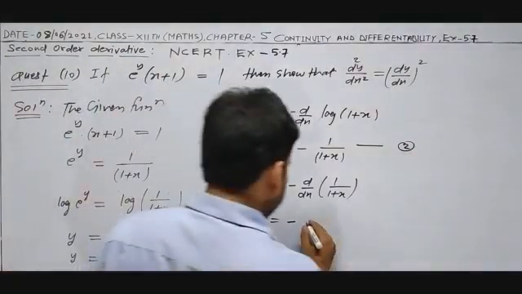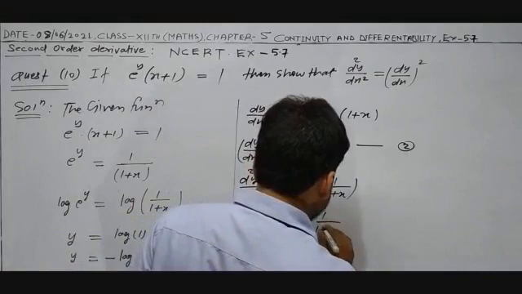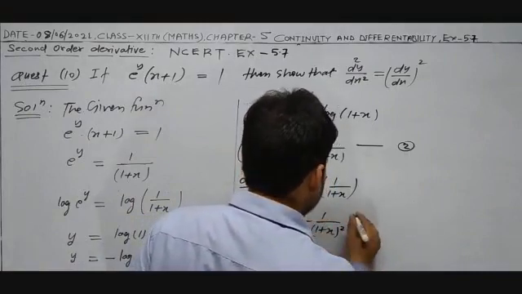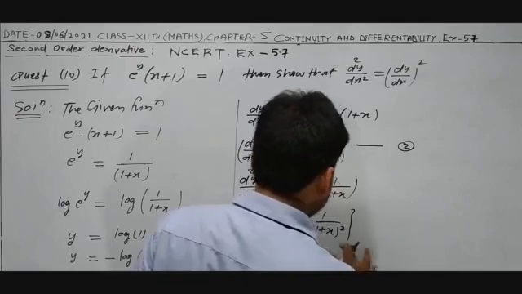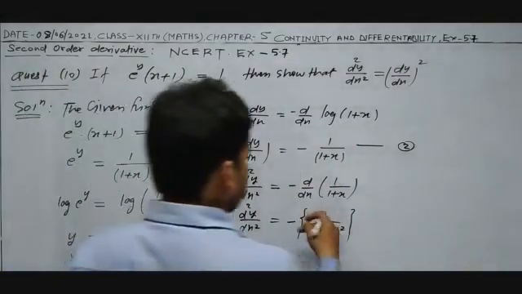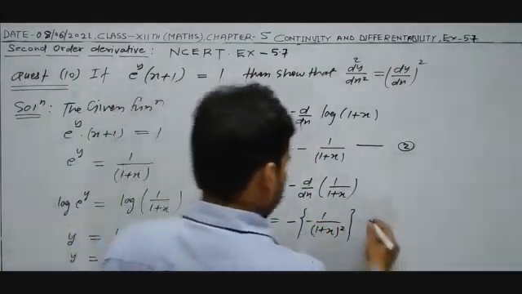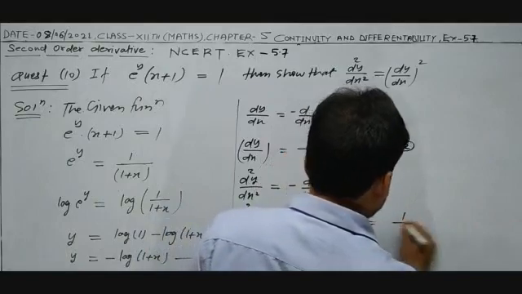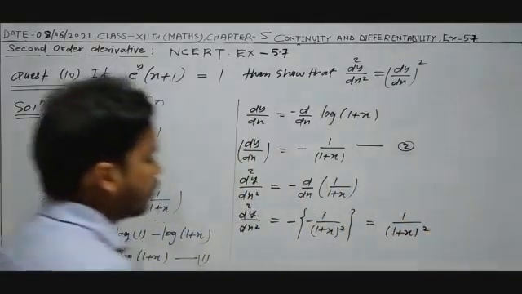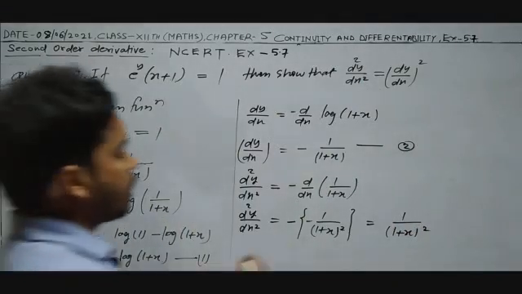That result is minus times minus 1 upon 1 plus x whole square. You can solve it using the quotient rule also. So what will be the result? This result can be written as 1 upon 1 plus x whole square. Consider this equation 3.